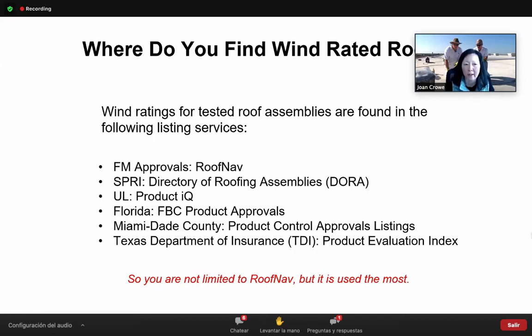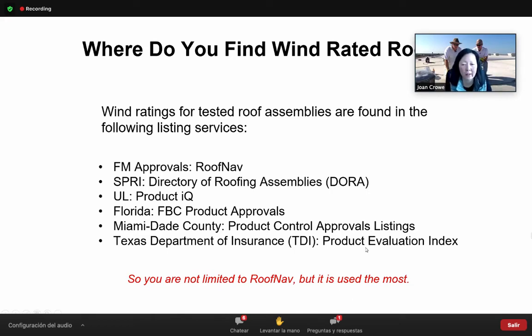It's by SPRI, the Single Ply Roofing Industry organization, and it's DORA, not the Explorer. It's the Directory of Roofing Assemblies. And then followed by UL's Product IQ, and then what I call the 3 Gulf State listing services, which for you guys in the South or on the Gulf Coast, you probably use those more. I'm not going to go over those. But just realize that you are not limited to RoofNav to find your roof assemblies, okay?